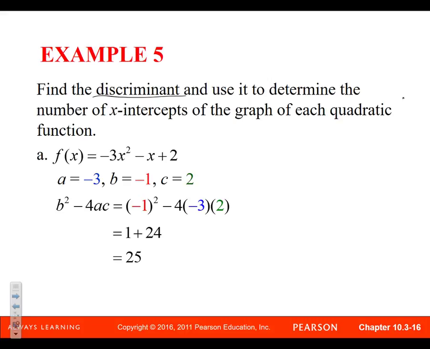Because 25, all that tells me is there's 2. The question is, how do I find those?